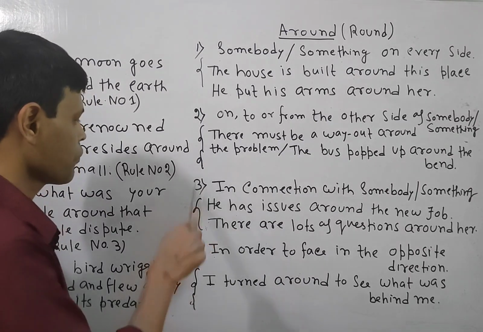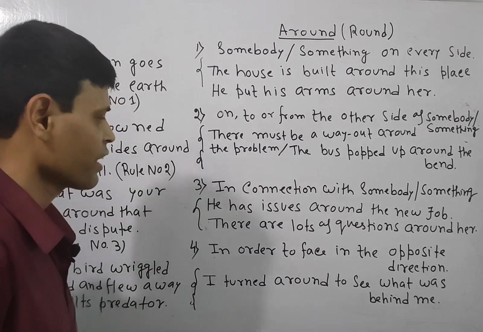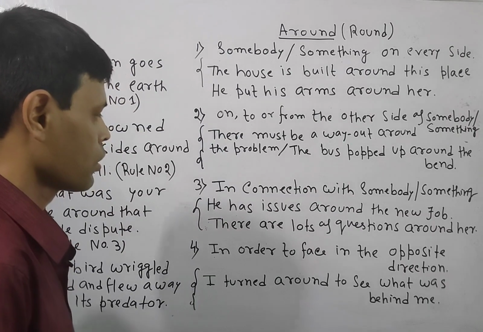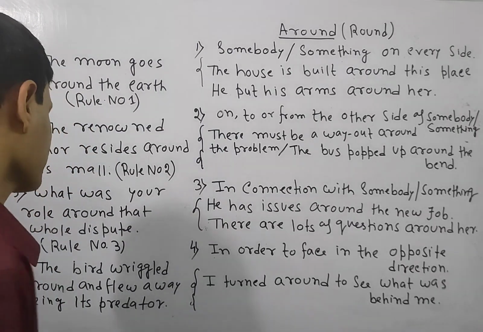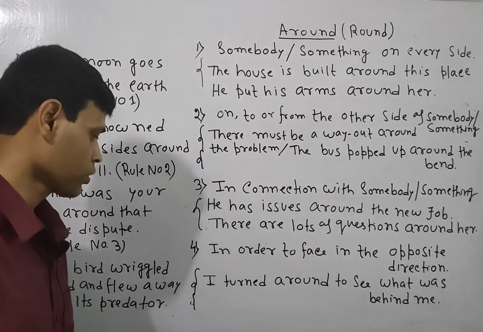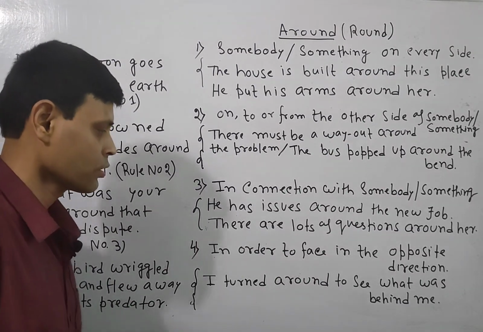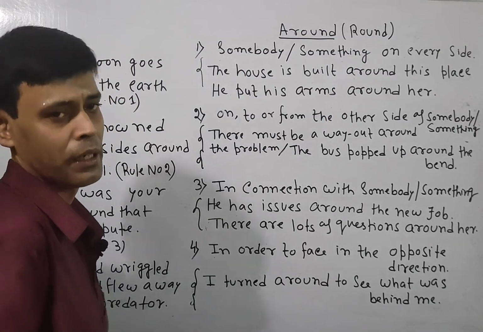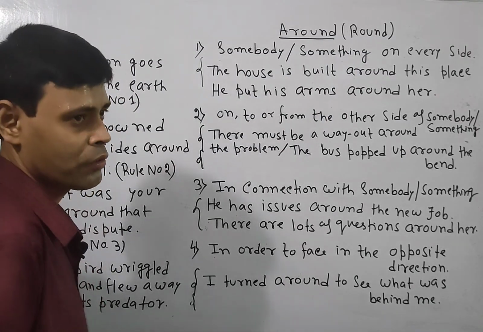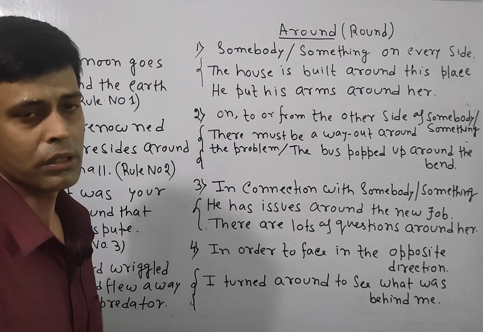Now let's go over the next rule: in order to face in the opposite direction. What does it mean? For example, just look at the example that I have written on the board. I turned around to see what was behind me. Suppose something is behind me and I have to turn around to see what it is.